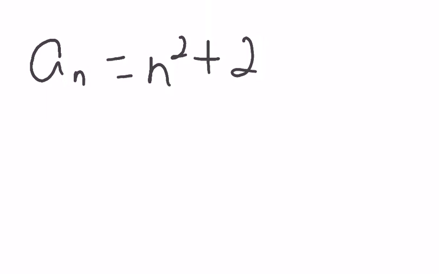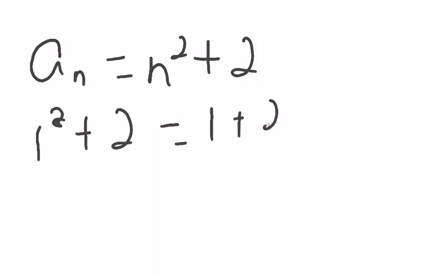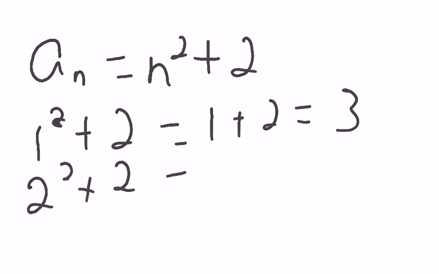respectively into n. So if I do 1 squared plus 2 gives me 1 plus 2, which is 3. So that's the first term. Then I do this for each one. So 2 squared plus 2 means that I have 4 plus 2.